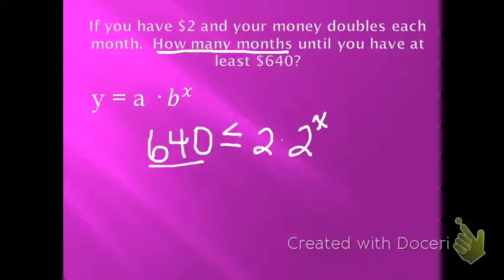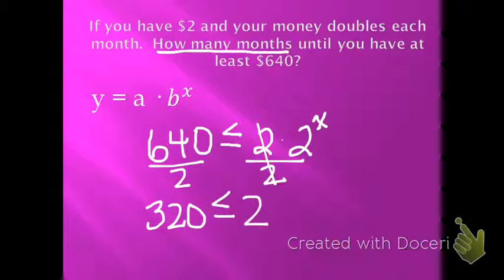And so as we go through and solve this, we get 320 and 2 to the x. So 2 to the x has to be bigger than or equal to 320. So if I go through and start doing my trial and error, I don't know if I want to start with 2 to the first equals 2 and keep going. I think I'm going to jump up to like 2 to the 7th or something and see if I can get a bigger number.